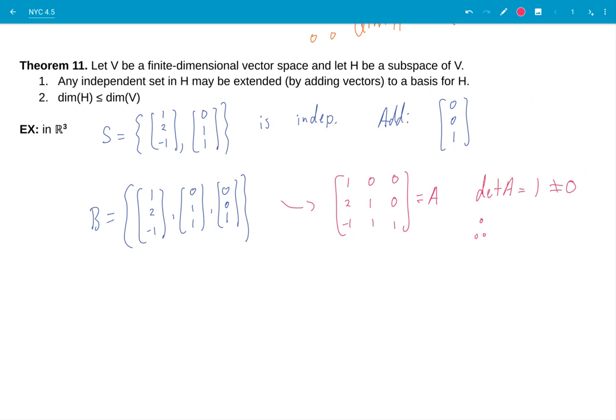Therefore, A is invertible, right? Therefore, span B is equal to R3.